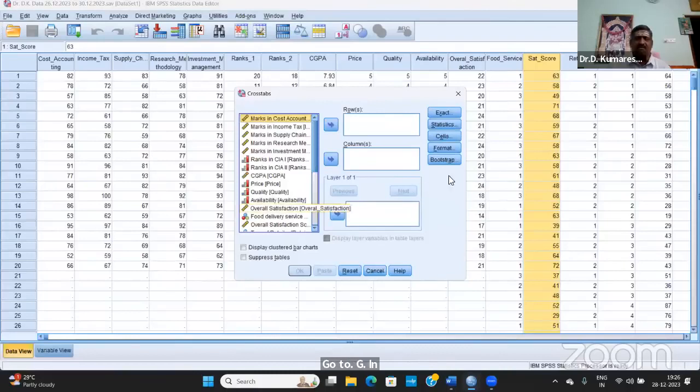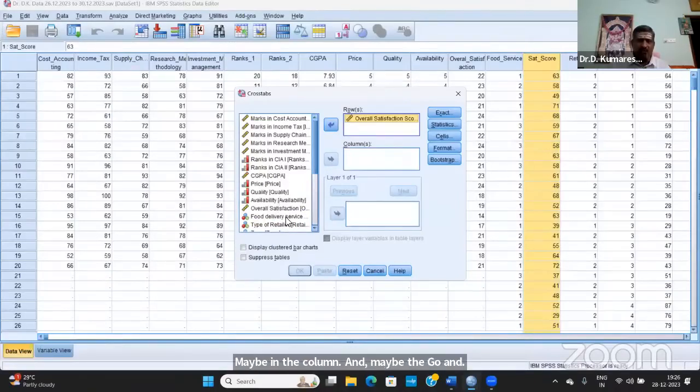In the crosstabs, there will be more items. This overall satisfaction, maybe in the row, and service provider maybe in the column.